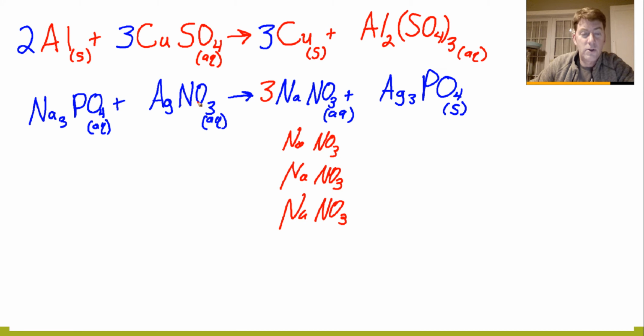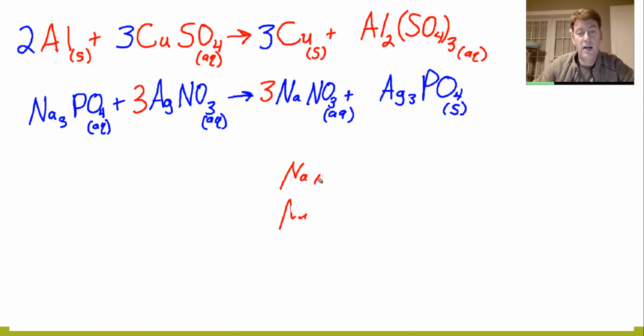So I look over here, there's only 1 nitrate. So then I change that. And then that effect here, putting that 3 out front, also makes 3 silvers. But whoa, look at that. Silver's already got 3. So now we are completely balanced and everything works out.